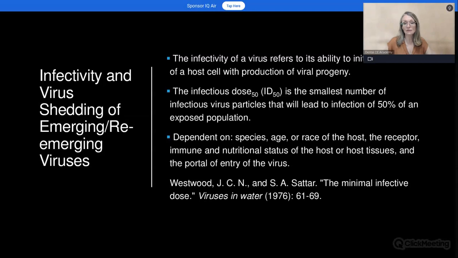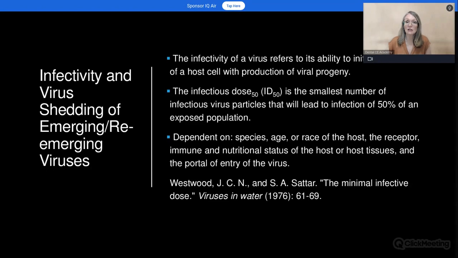The infectivity of a virus refers to its ability to initiate infection of a host cell with production of viral progeny. What does that mean? So we look at what's called ID50, the infectious dose 50. That is the smallest number of infectious virus particles that will lead to infection of 50% of an exposed population.